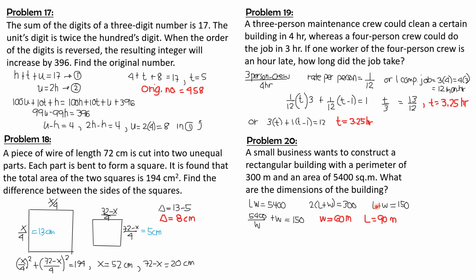Replacing L by 5,400 over W, then plus W equals 150. Using your calculator, instead of simplifying this and applying the quadratic formula, W is 60 meters, then the length is 150 minus 60, so 90 meters.